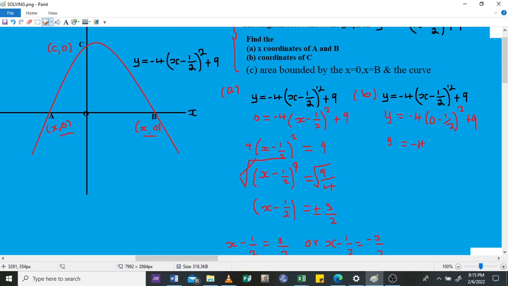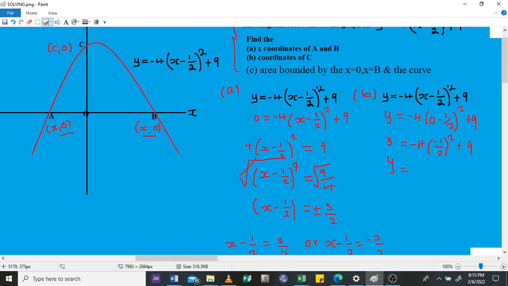So we're going to have y is equal to, let me just show you this. Look at what we're going to have here. We're going to remain with negative 1 over 2, and that 1 over 2 is squared. Don't forget that and don't get confused. I'm sure from here you can solve.